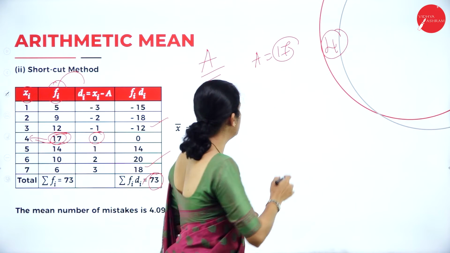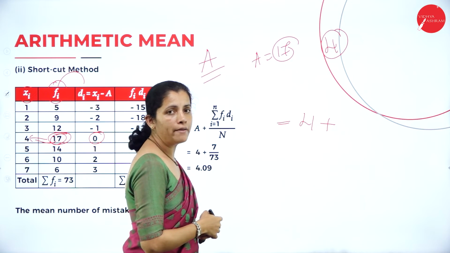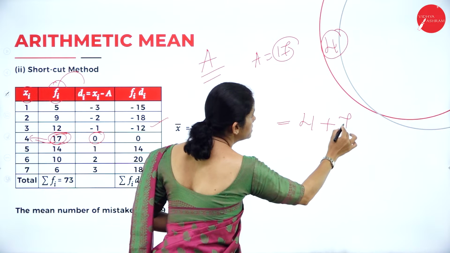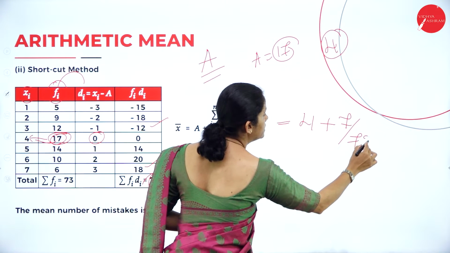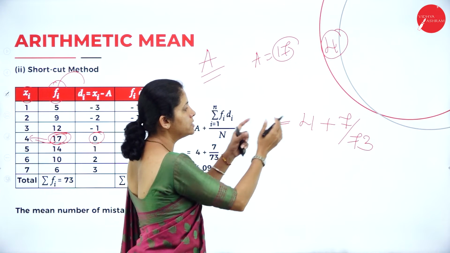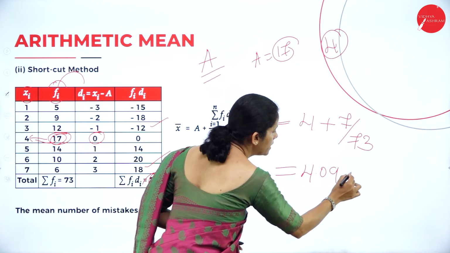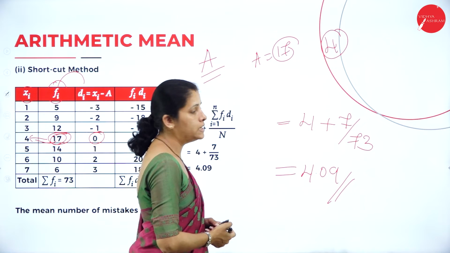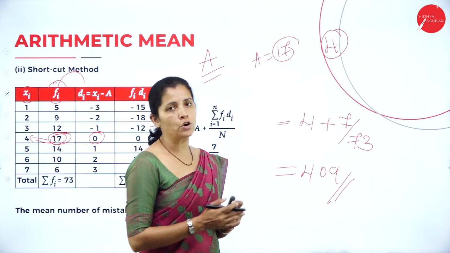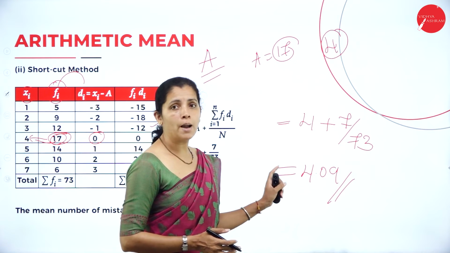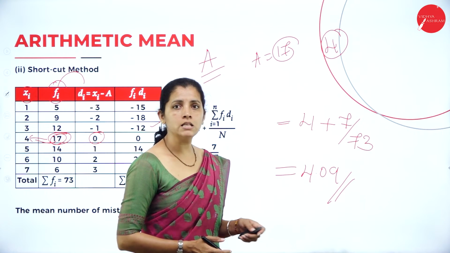Therefore, a is 4, plus summation of fi into di, which is 7, divided by n, the total frequency, that is 73. When I simplify this, I'm going to get the answer 4.09. So what is the arithmetic mean? That is 4.09. So dear student, whether I use the shortcut method or the direct method, the arithmetic mean is the same for both methods.